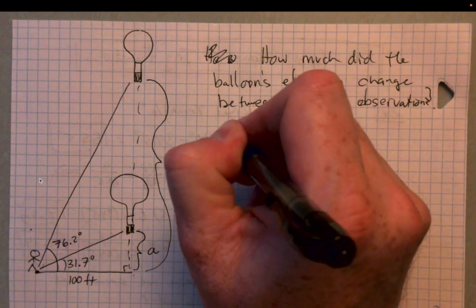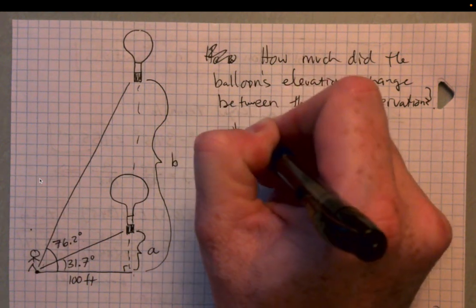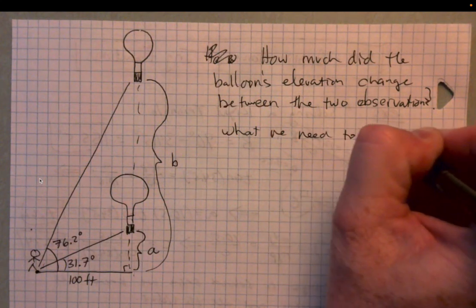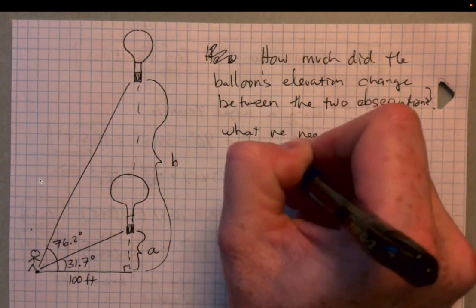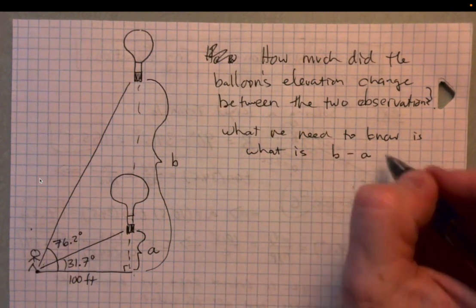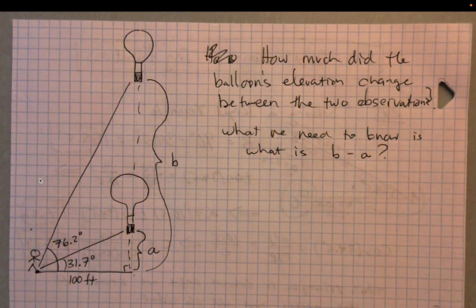So what we need to know is, what is b minus a? B is the height at the second observation. A is the height at the first observation. What's the difference?